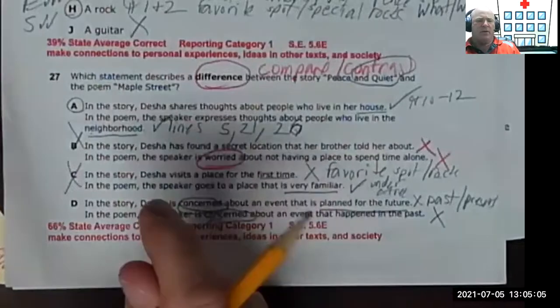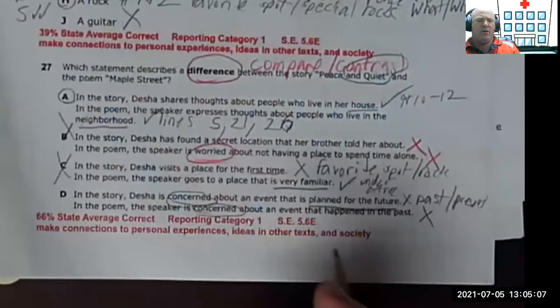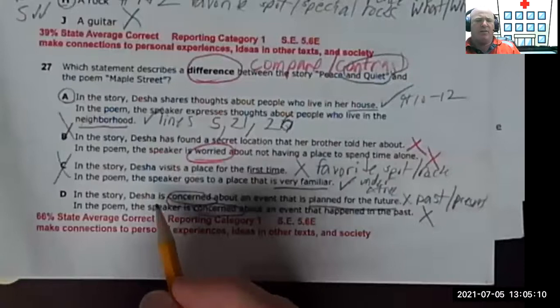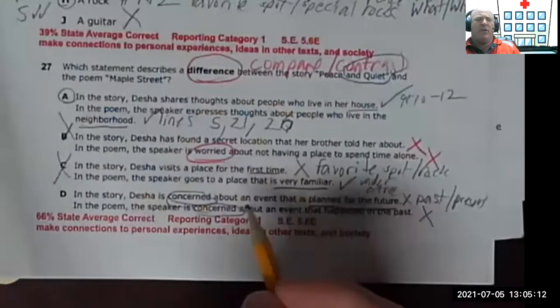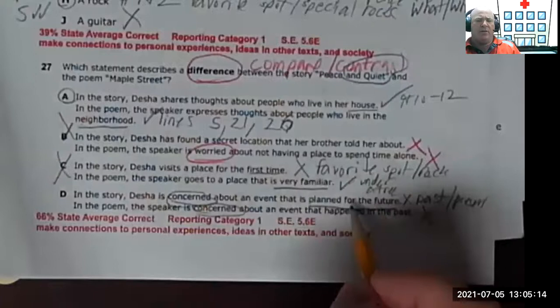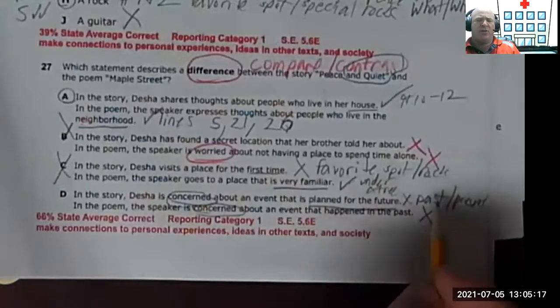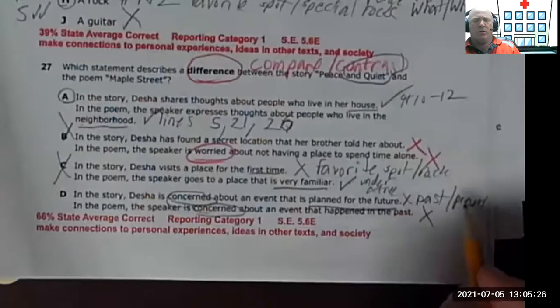Letter D. Daisha is concerned, negative emotion, about an event that's planned for the future. All she talks about is the past, her frustrations about being with her family members, and the present, struggling to play a note and sing a song, Lean on Me When You're Not Strong, and in the present, her brother coming and taking away her peace and her privacy.